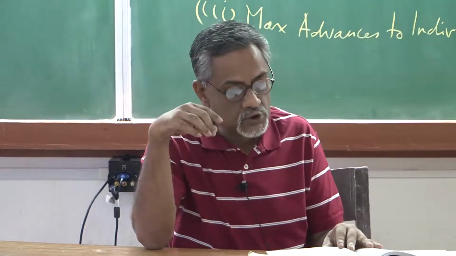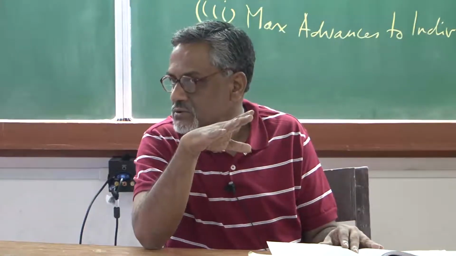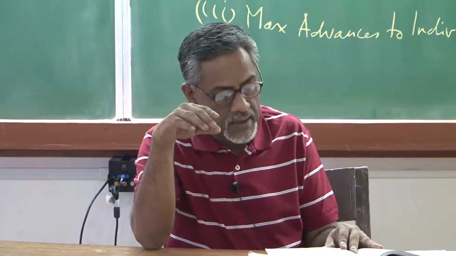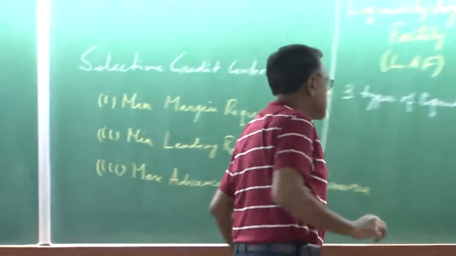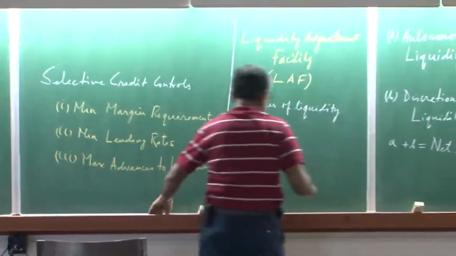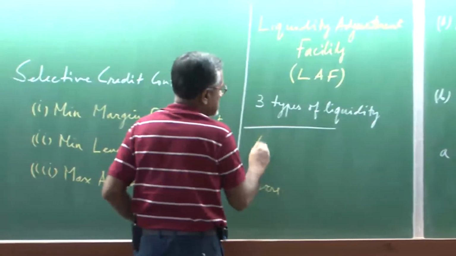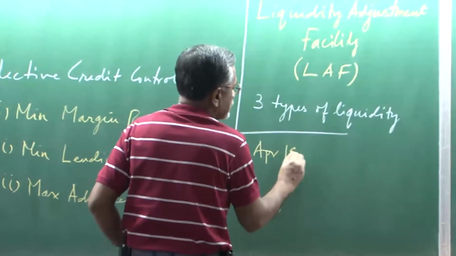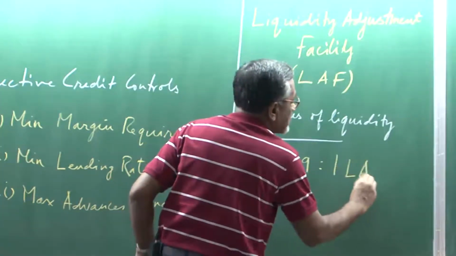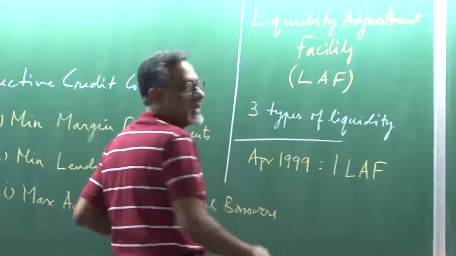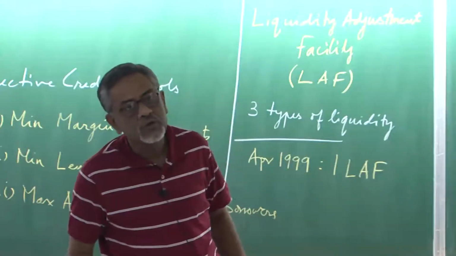Okay. So, based on the Narasimham Committee report on banking reforms, at the end of the last century, in April 1999, this date you should remember, they floated something called ILAF, a program by the RBI to control liquidity.